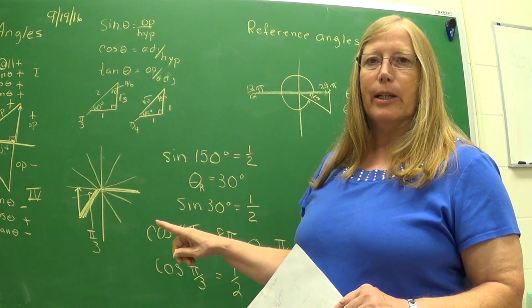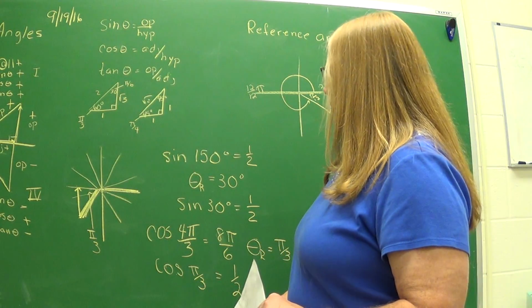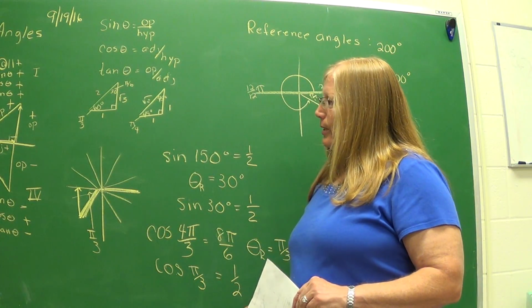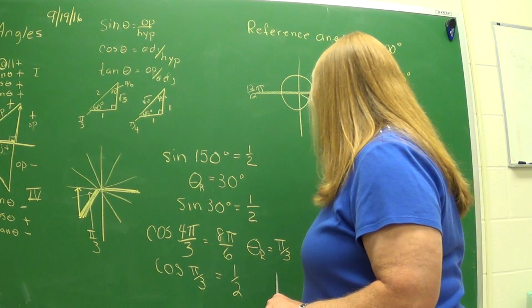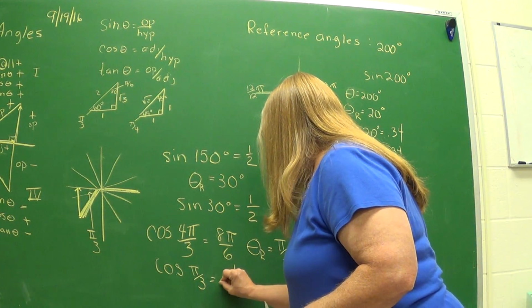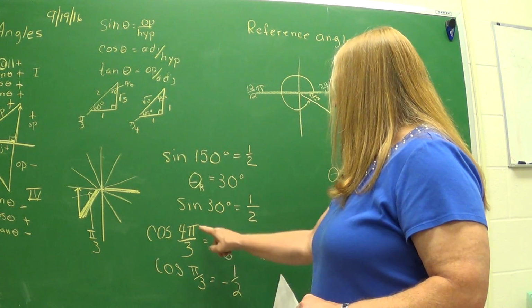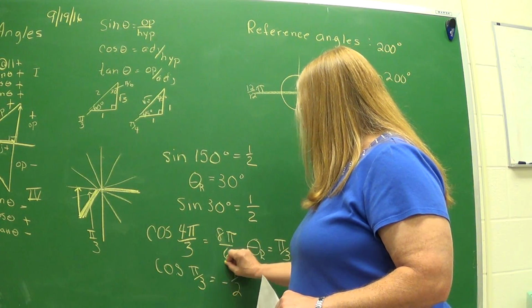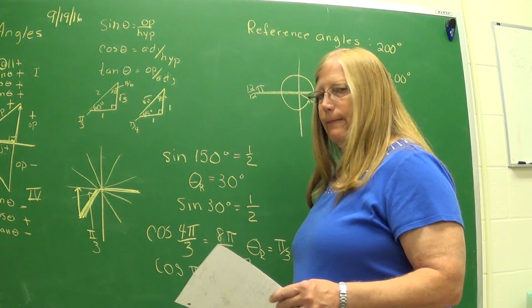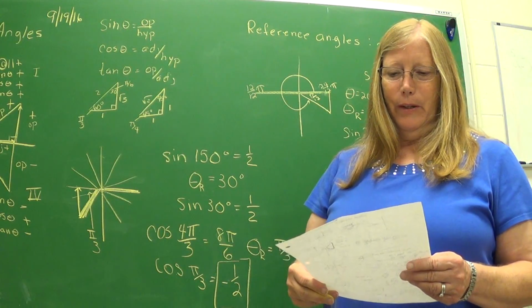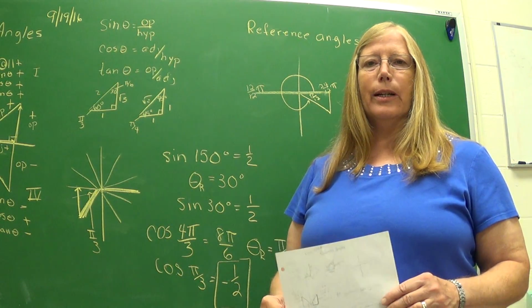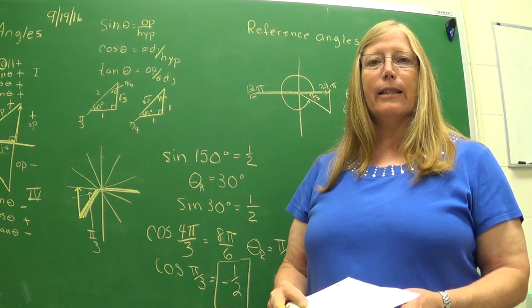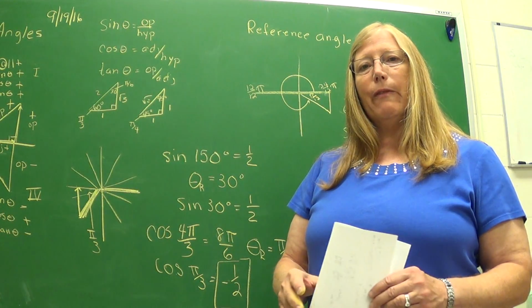It's not in my screen, but it's on your notes. So look in quadrant 3, all students take, so cosine is negative. So I'm going to go back in here and find that the cosine of 4 pi over 3 is negative 1/2.